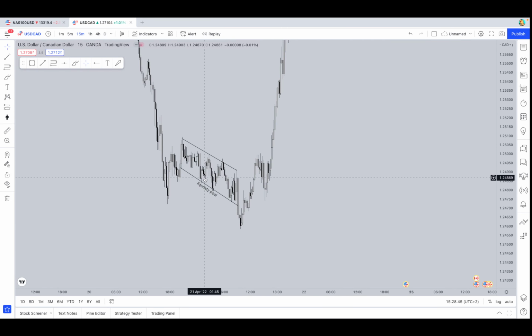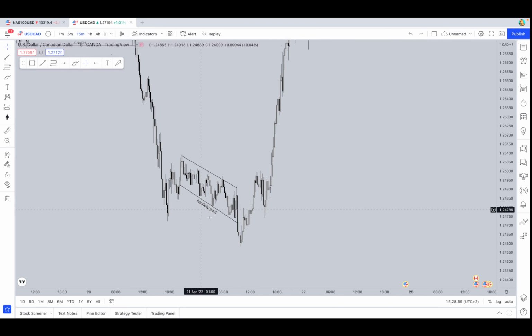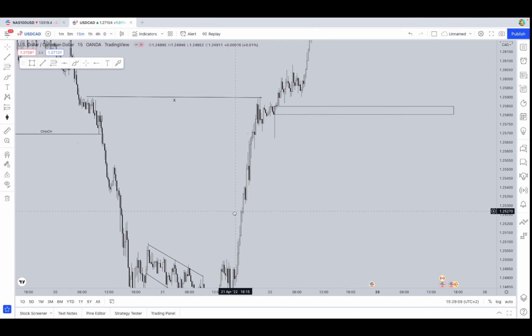Again, you see the market trades like a retail trader, building up liquidity on both the downside and the upside. The market melts, grabs all the liquidity, and then goes crazy, because then they have liquidity from this movement to support the bullish structure, and the liquidity from this area.